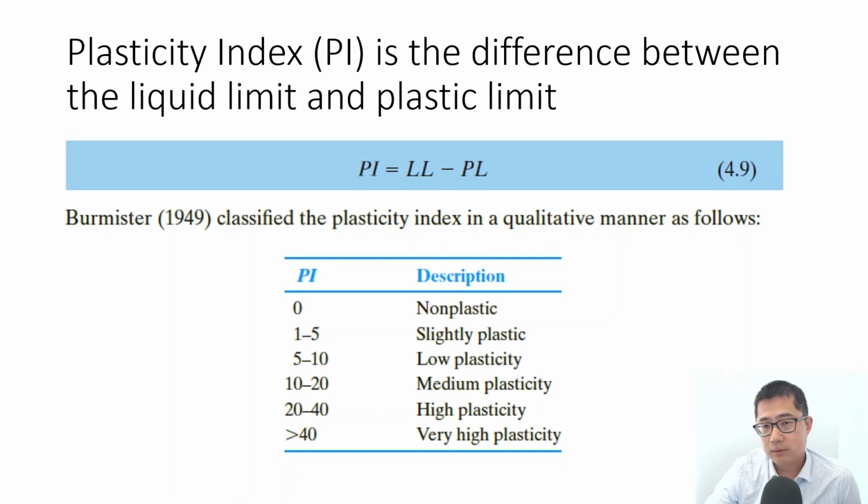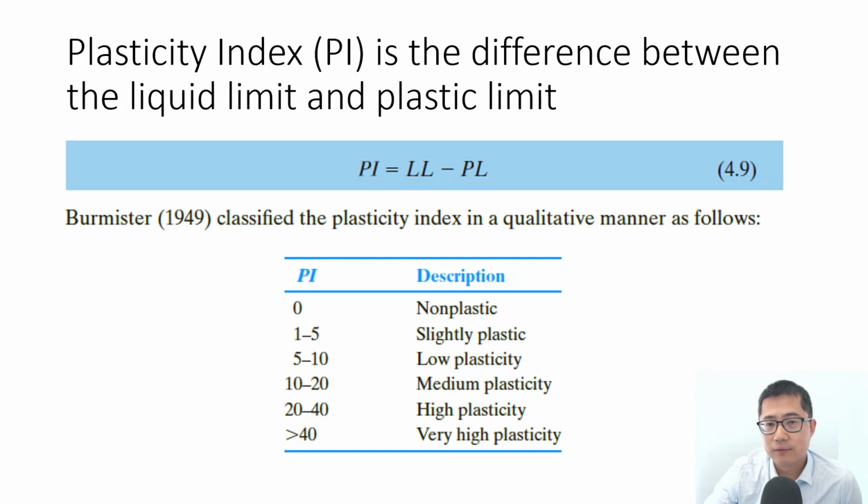In the previous chapter, we typically expressed moisture content as a percentage. But here we're still using the percentage, we just get rid of the percentage sign. So, for example, if you get your LL to be, let's say, 45%, instead of using 45% as the liquid limit, we just use 45.